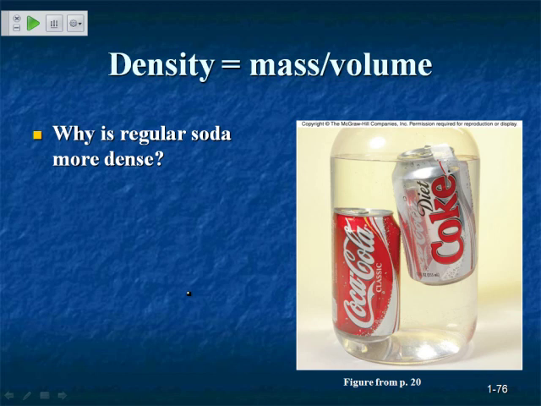Why is there a mass difference? Do we know? No, there is something which is specifically responsible for it. What is different in the regular soda and diet soda? The sugar content. Regular soda is sweetened with sugar, whereas diet soda is sweetened with artificial sweeteners like Splenda, aspartame, all that stuff.